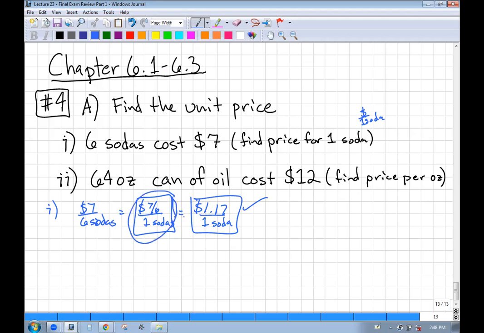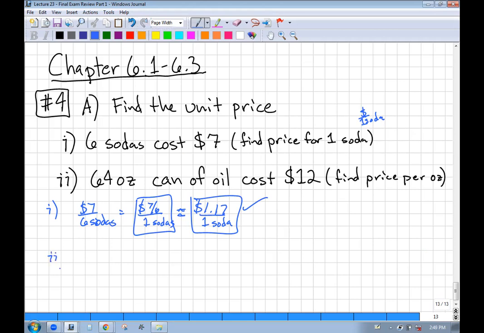Technically, this is an approximation, but nobody cares about fractions of a penny. So this is effectively exact. It's exact to the penny. So either symbol would work here because of the context. Even though it's not exact, it's exact to the penny, and that's all that matters.